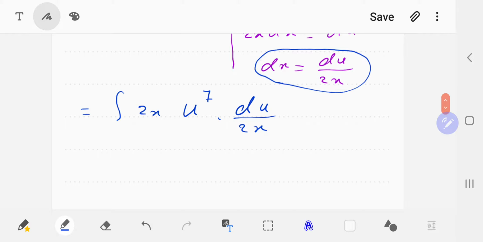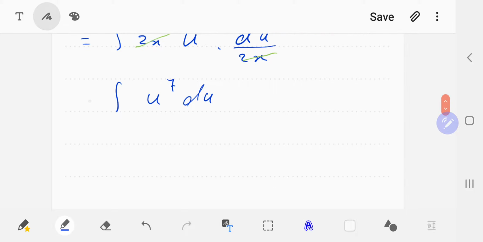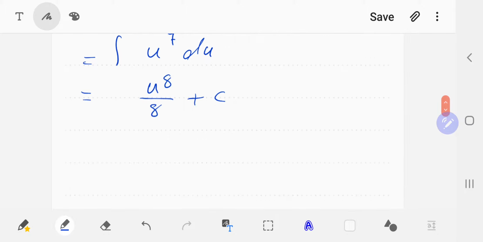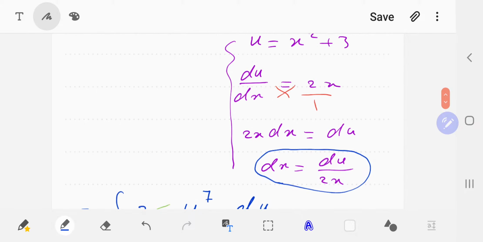Now, how would that help? Look at this, we can simplify. So actually we'll be left with integration of u to the power of 7 depending on u, which can be done directly. So that's u to the power of 8 over 8 plus c. Then replace it and you will get what was u.